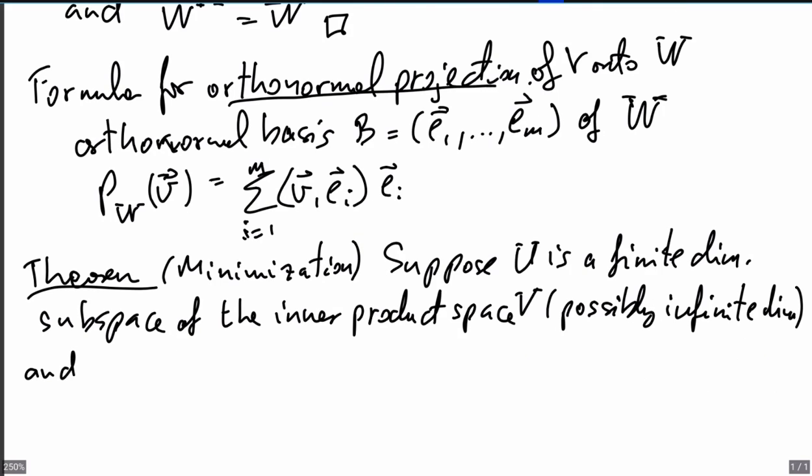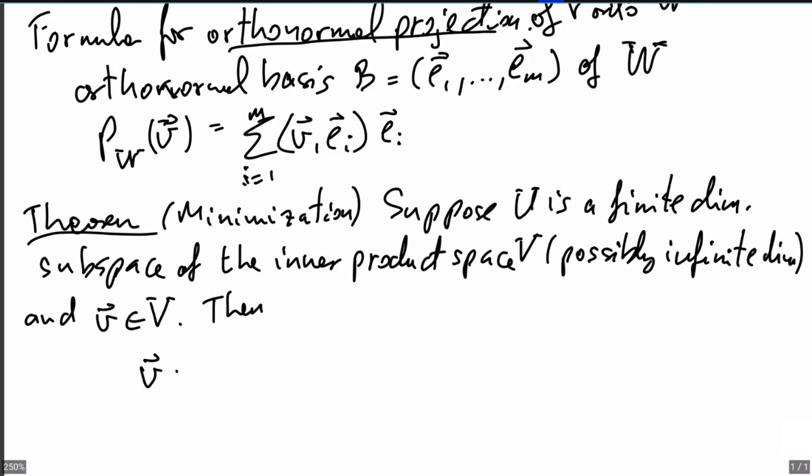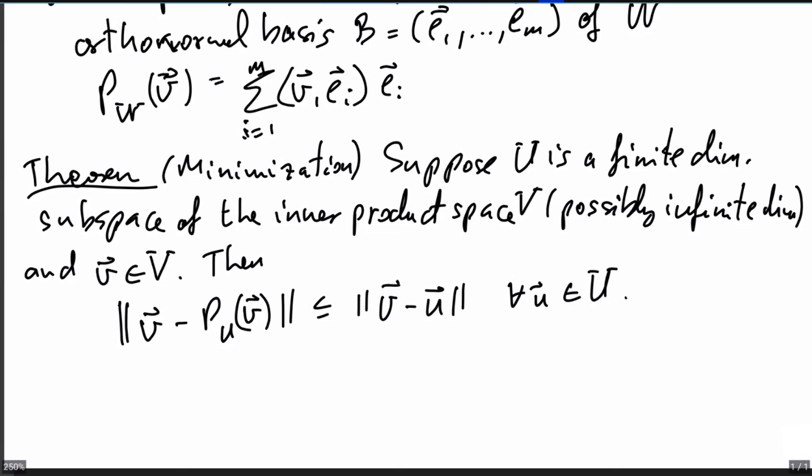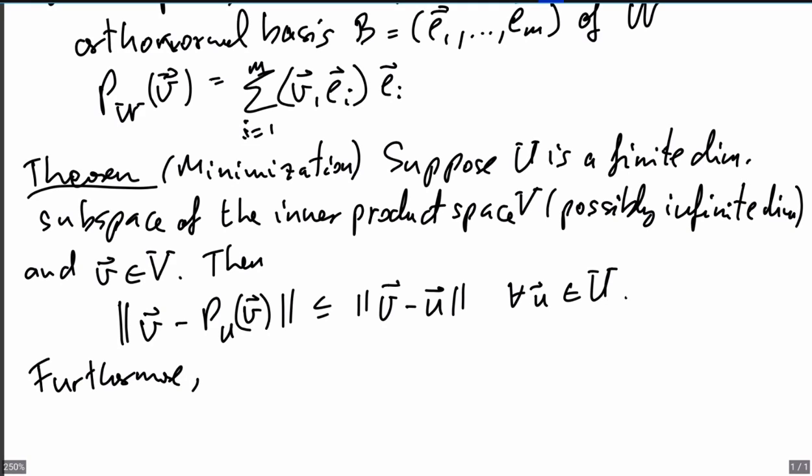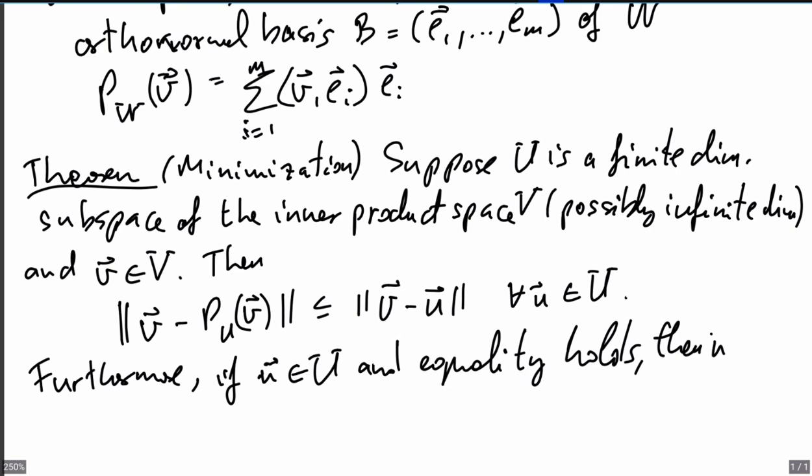And if we have a vector v in the vector space V, then the norm of v minus the orthogonal projection onto U of v is less than or equal to the norm of v minus u for all u vectors in U. Furthermore, if u is in the subspace U and equality holds, then the vector u is actually the orthogonal projection of v onto U.